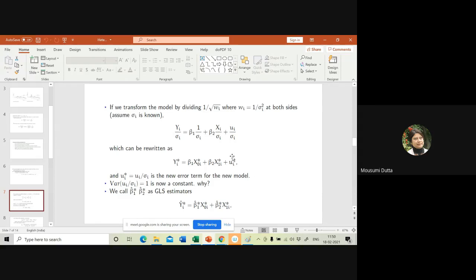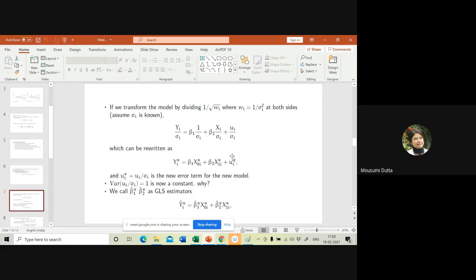Today I have started with the simple regression model. And in case of the simple regression model, we presented the second assumption of the error term as, there is disturbance in the variance part. However, the covariance part is not disturbed.